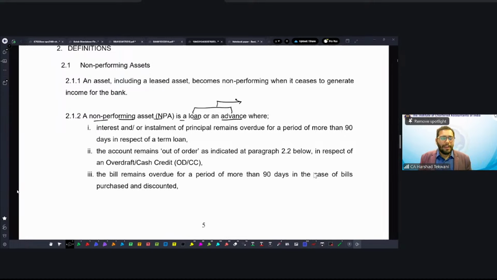The definition of NPA says what kind of asset it is. It is a loan or advance, which is part of the NPA. Now, whatever loans and advances are provided by the bank, everything will be part of this. I hope I'm clear. Any doubt?